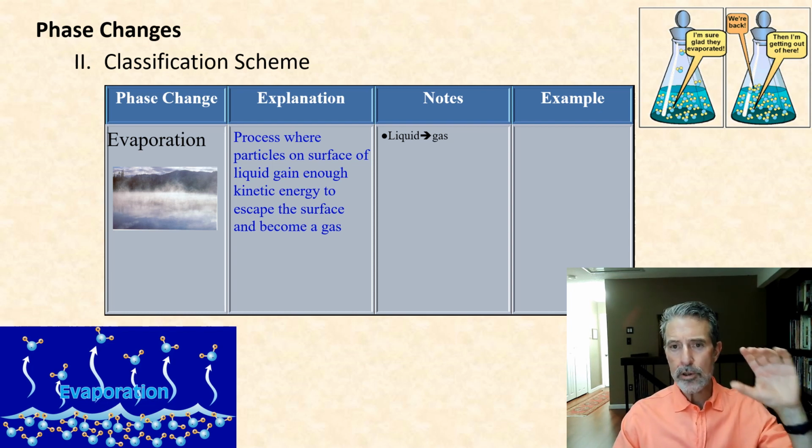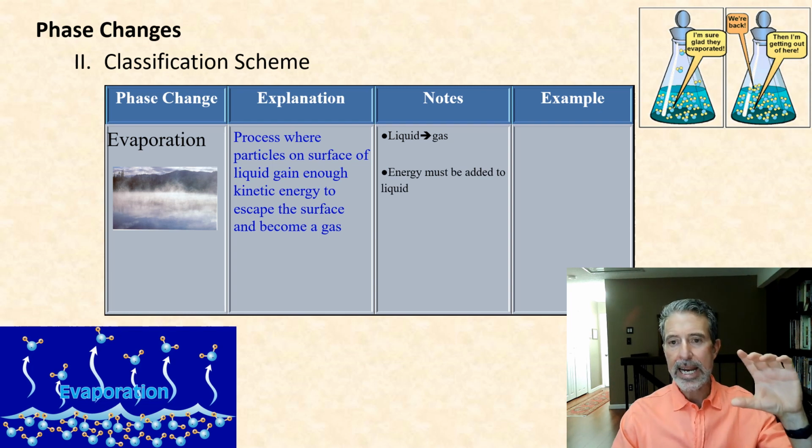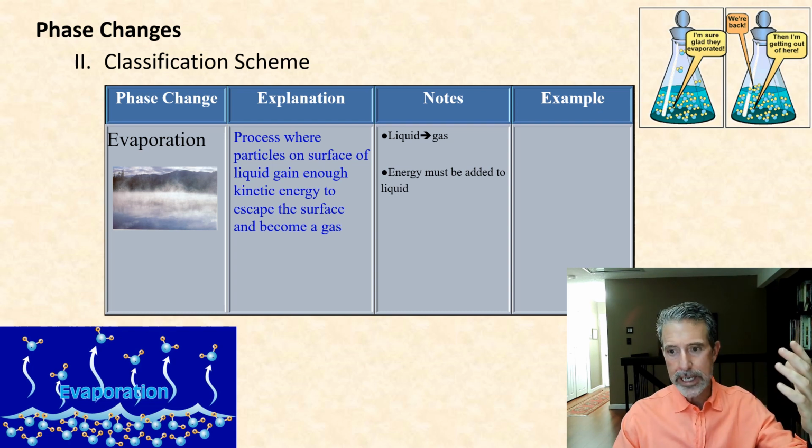Now, in order for the particles on the liquid surface to escape their attraction for the liquid particles beneath them, they must gain energy. Where does this energy come from? Well, it comes from the kinetic energy of the other particles beneath them. This microscopic form of kinetic energy gain is what we call thermal energy or heat.